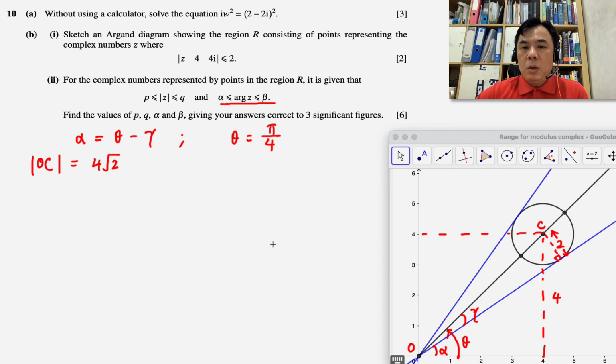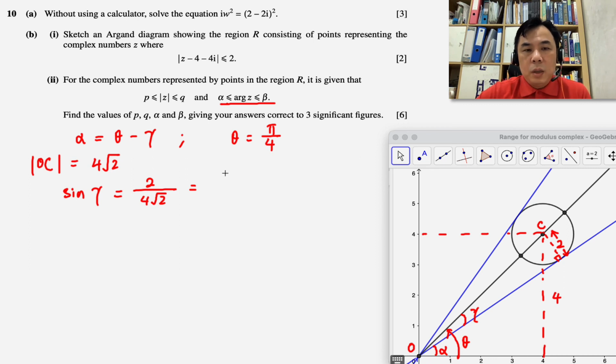And then we can make use of one of the trigonometric ratios to find the angle gamma. In our case, sine gamma is equal to 2 divided by the length of OC.